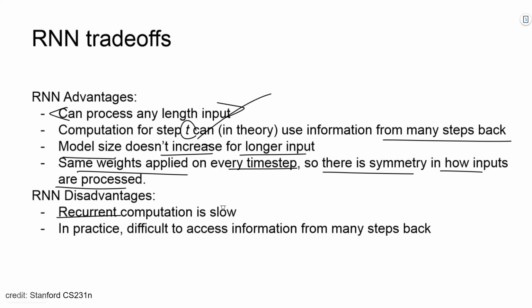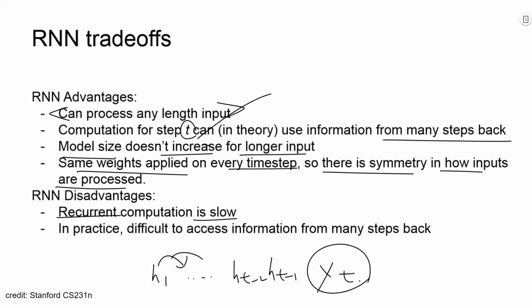However, recurrent computation is slow, because to calculate y at time step t, we need hidden states from t-1, t-2, and h1. And we cannot suddenly calculate yt. We need to do this step by step, and this process cannot be parallelized.